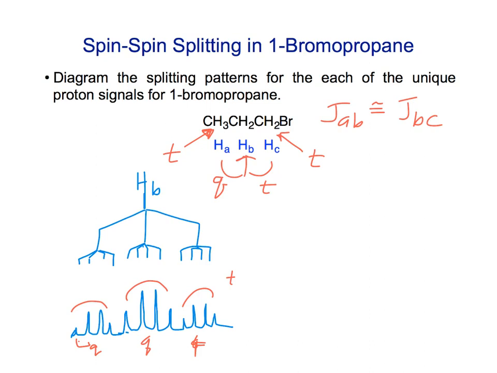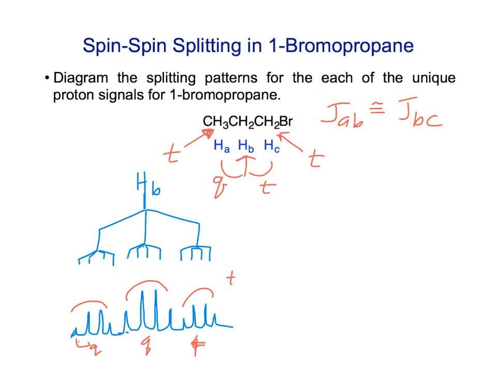So we can say, well, there's 3 protons over there, there's 2 on this side, so we have 5. 5 plus 1 is 6. So if all the coupling constants happen to be the same, we should get a hexet, or I think, no, they had a sextet.